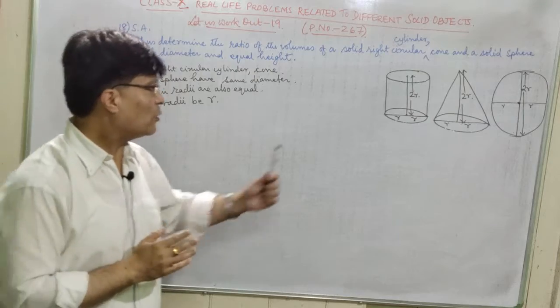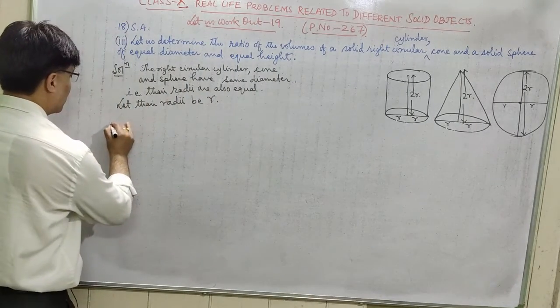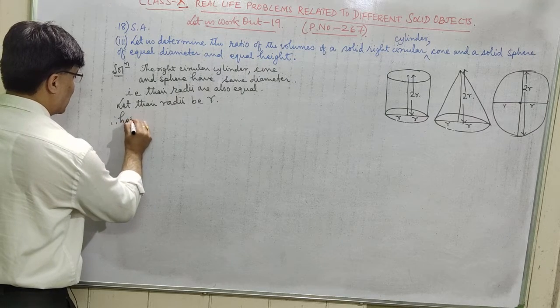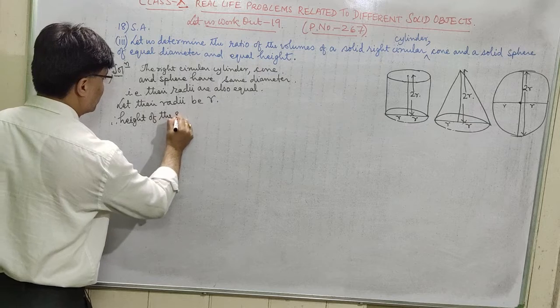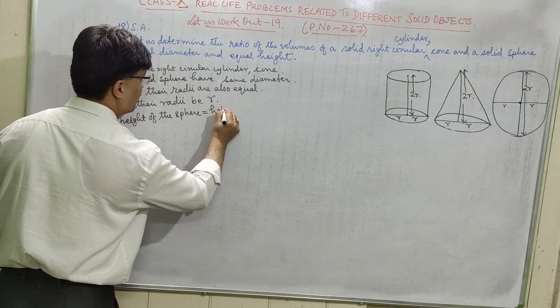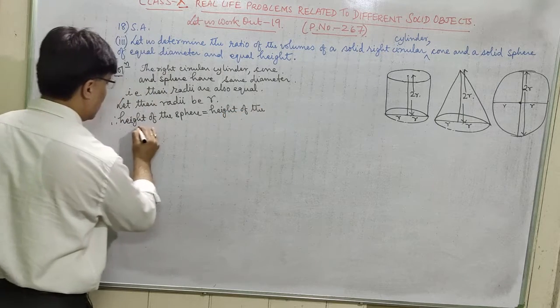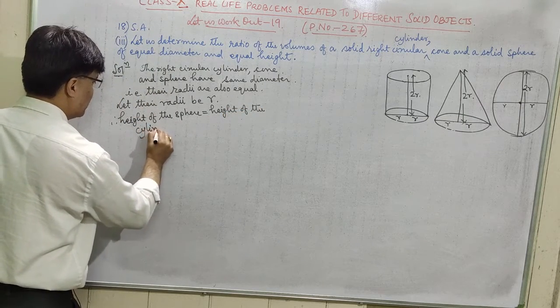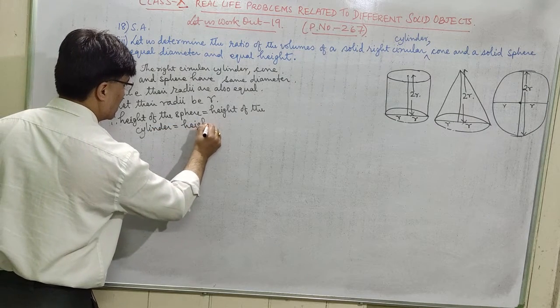Okay. यो सबैको radius हामीले के सपोज गर्यौं R. So now also it is given that height of the sphere is equal to height of the cylinder is equal to height of the cone.